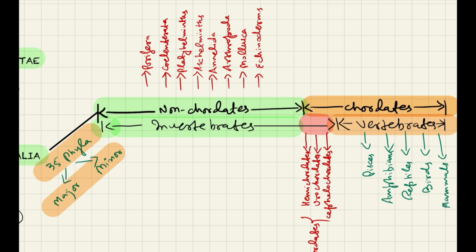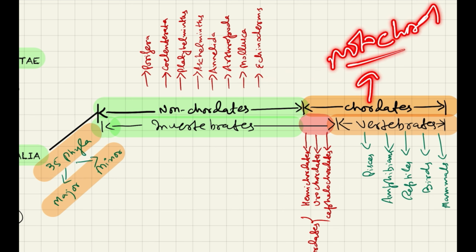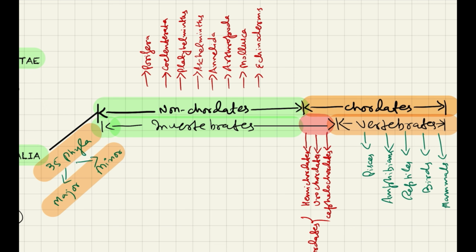First of all, let's clear out these two terms. Chordates means having a notochord, right? And non-chordates lack a notochord. There is no notochord in this group. Chordates have a notochord and non-chordates do not.